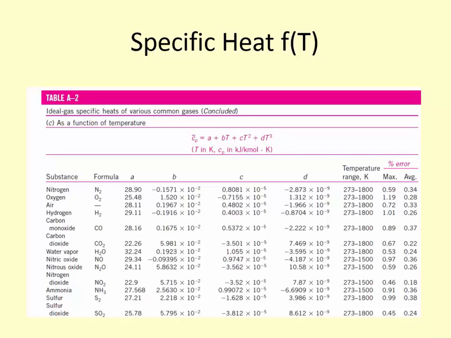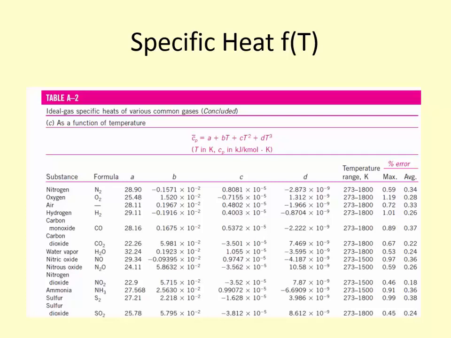Okay, so we talked about how specific heat is a function of temperature, and table A2C actually gives that correlation, where it's C sub P in the molar form, so that line over the top indicates that the units are kilojoules per kilomole times Kelvin. And there's four individual constants, A, B, C, and D. Those vary depending on the substance that you're looking at.